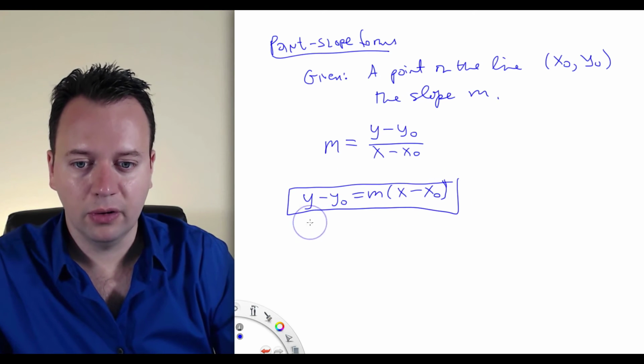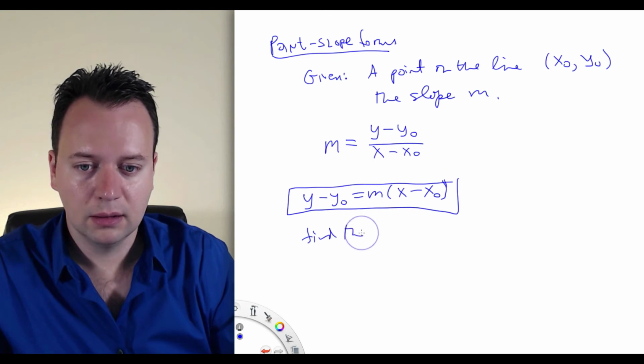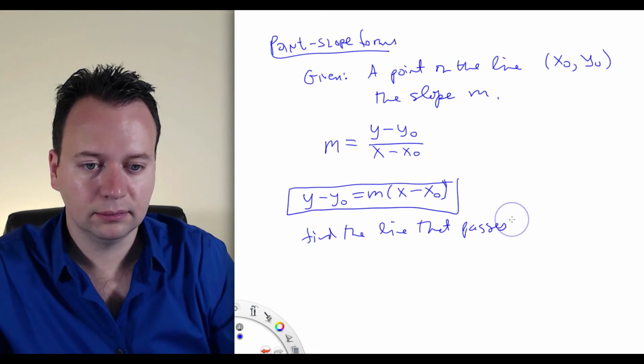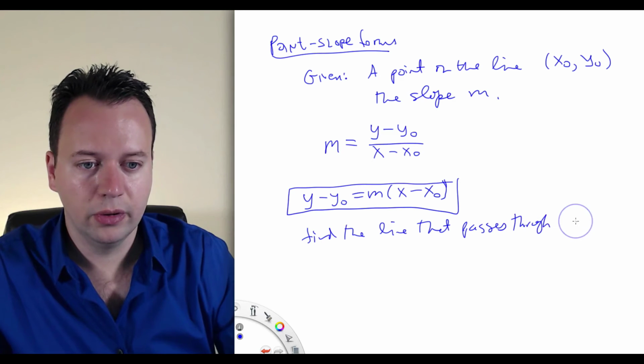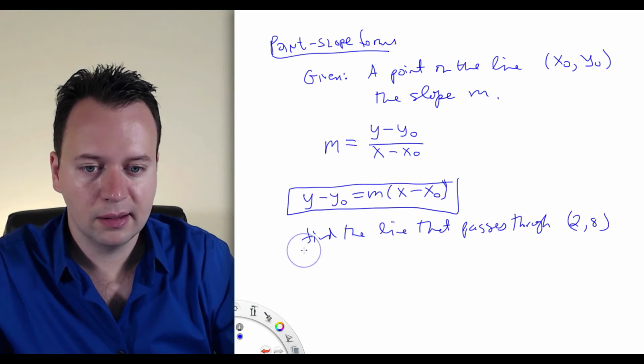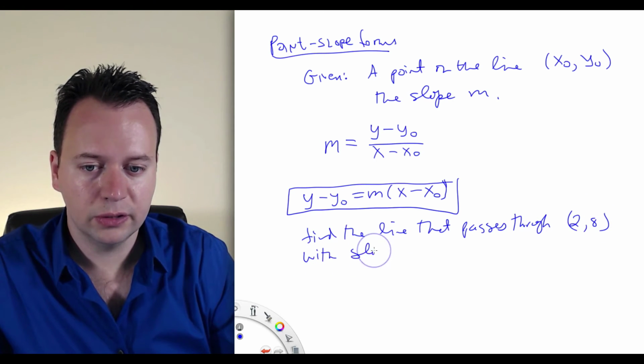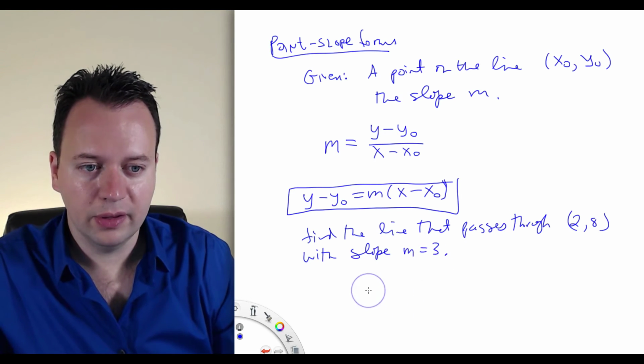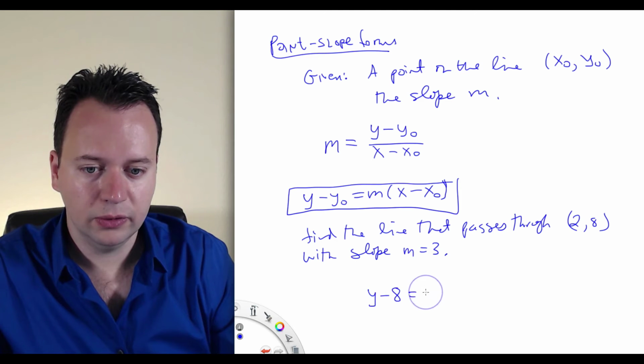So for example, find the line that passes through, say, the point 2,8 with slope m is equal to 3. Well, this is going to be y minus 8 is equal to 3 times x minus 2.